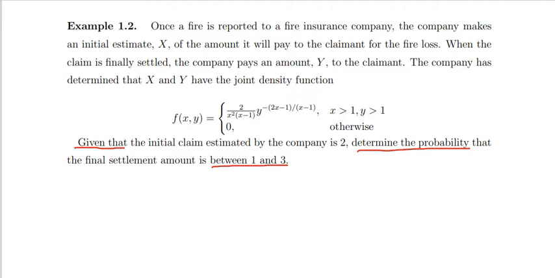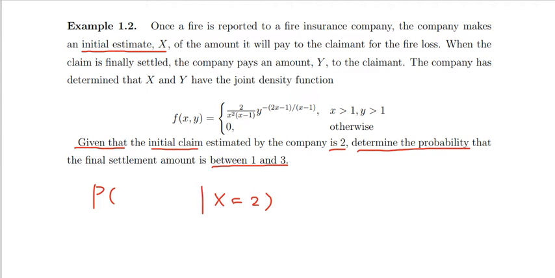We have two variables x and y, so let's check what is x, what is y, and what is the condition. The condition is that the initial claim is 2, and the initial claim is x, the initial estimate.